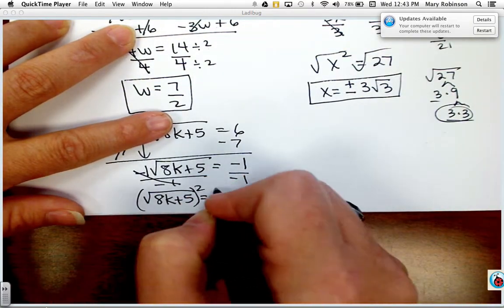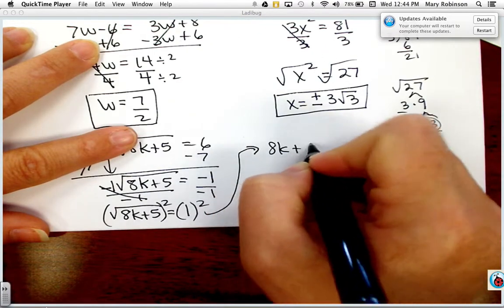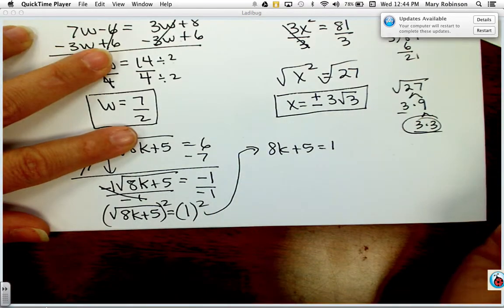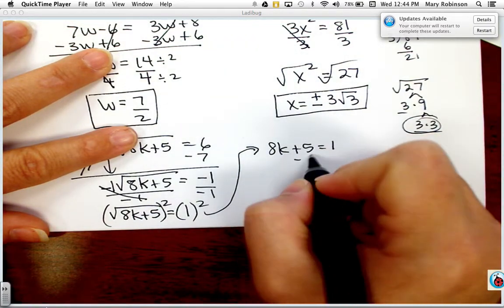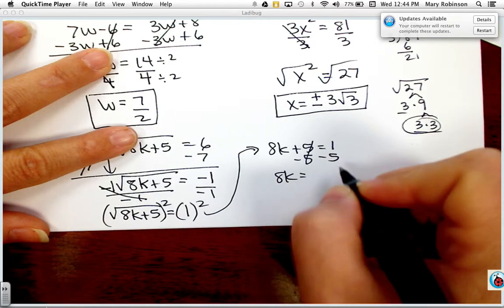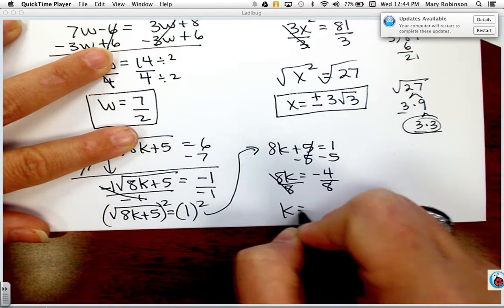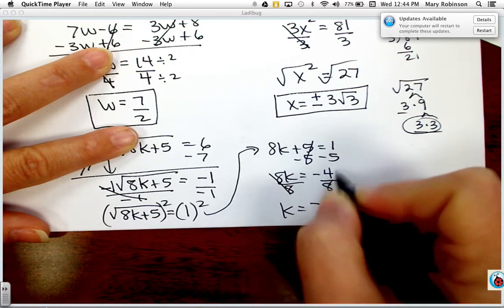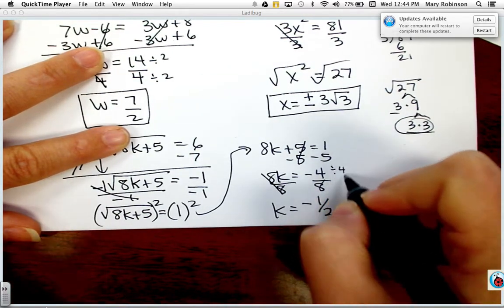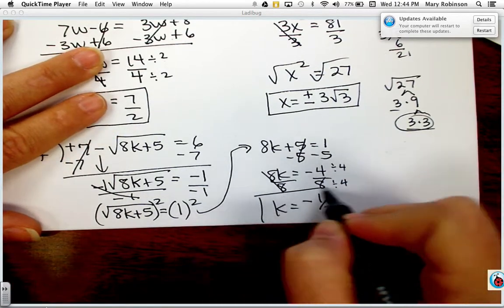From there, we square both sides and have 8k plus 5 is equal to 1. 1 squared is 1. And then just continue to solve this simple linear equation. 1 minus 5 is negative 4. Divide both sides by 8. Reduce using a factor of 4. They're both divisible by 4. So negative 1/2 is our answer.